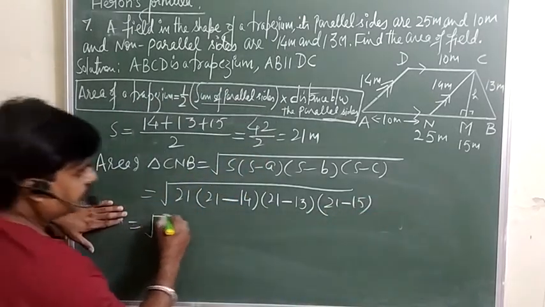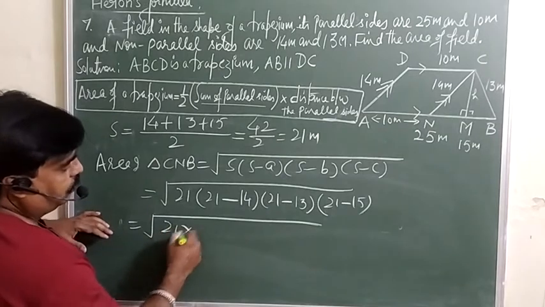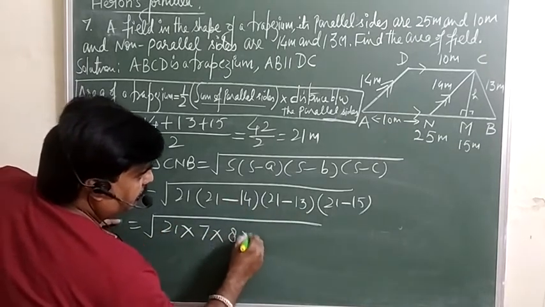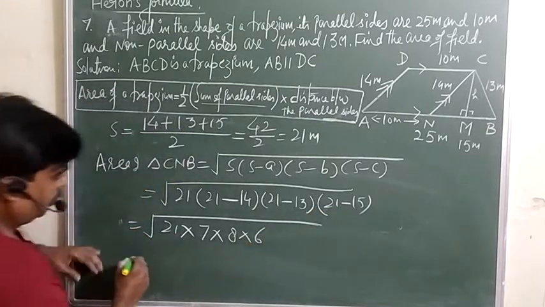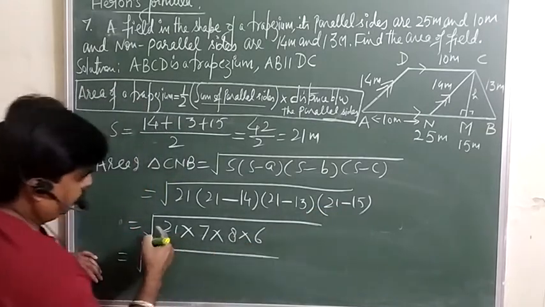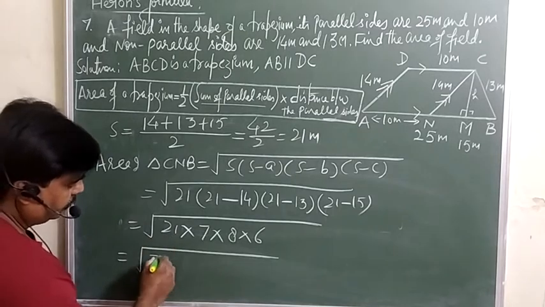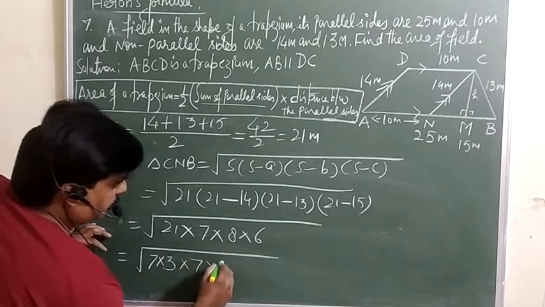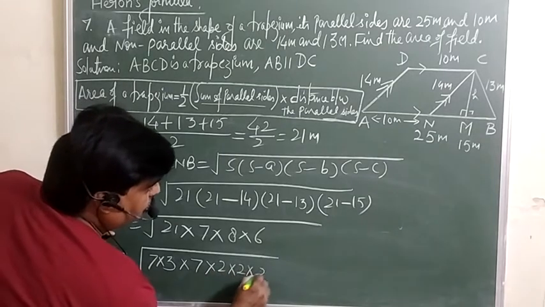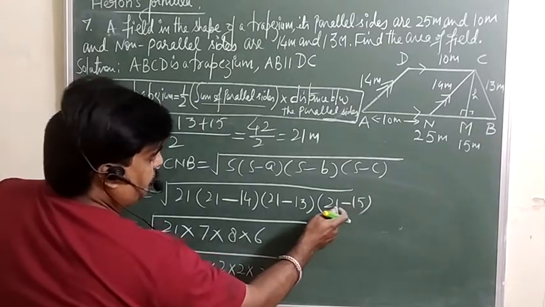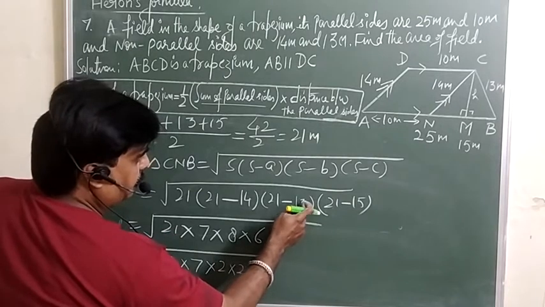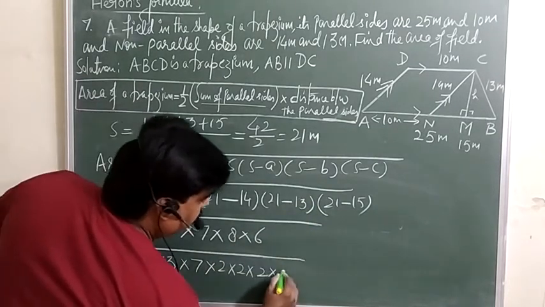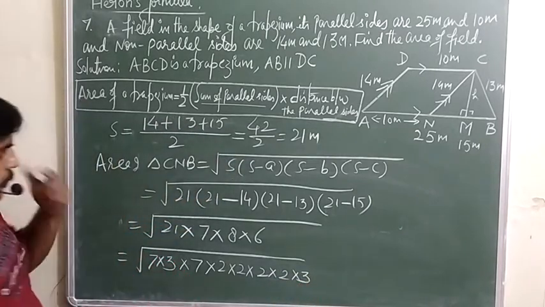You will get under root 21 into 7, here you will get 8 and 6. You can do the factorization. So this is your 7 into 3 into 7, this is 2 into 2 into 2, here is 16, here is 8, and this 6 is 2 into 3.